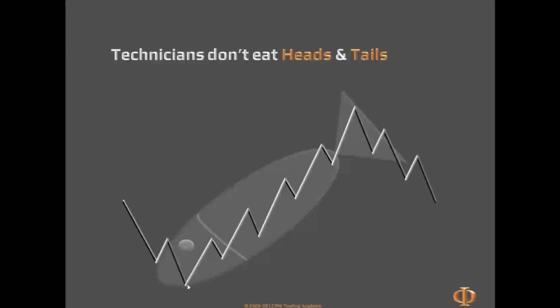It means that we will never buy at the bottom, and we will never short at the top, but we will wait for the failure to go lower, and we will buy at the failure swing over there. We will wait for the failure to go higher and the swing over there to go short. Okay, so basically we don't eat the head and the tail of the fish.